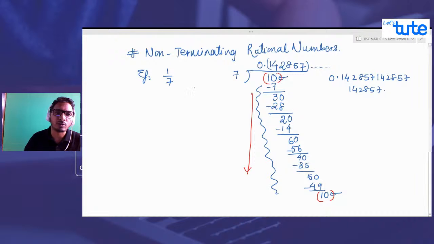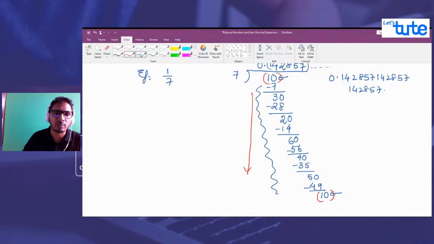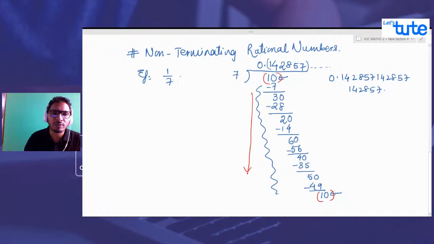So what do we see? Wait, go back to my blue color. What do we see here? This is of p by q form, correct? Where p and q are integers, and q is not equal to 0, obviously. Now look at q, the denominator. It has neither 2 as a prime factor nor 5, but we have 7.